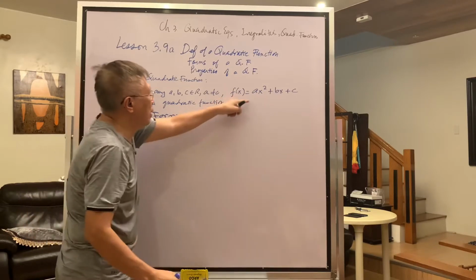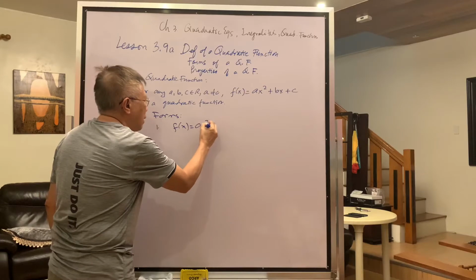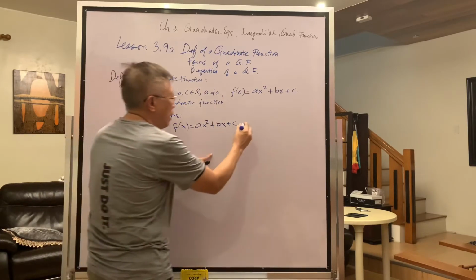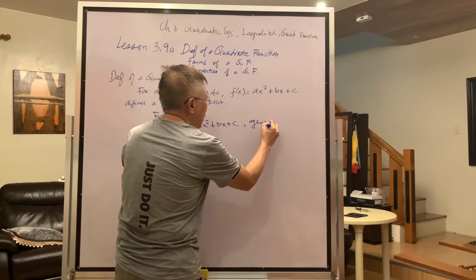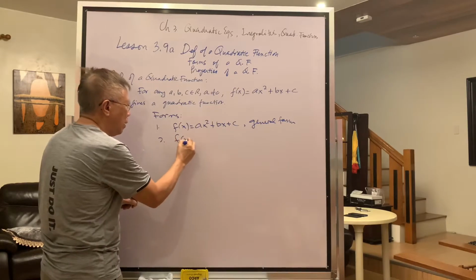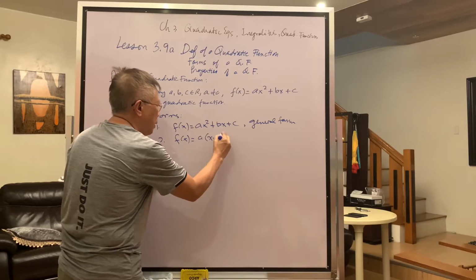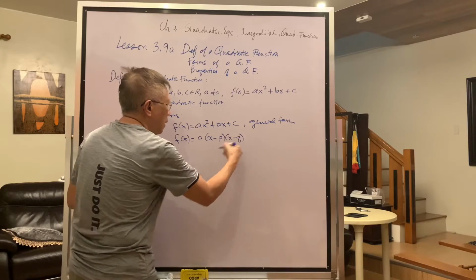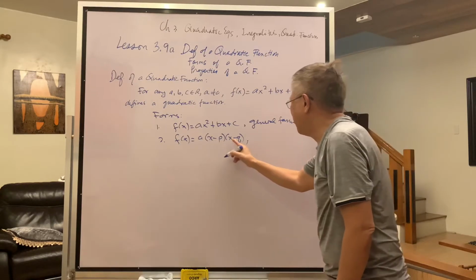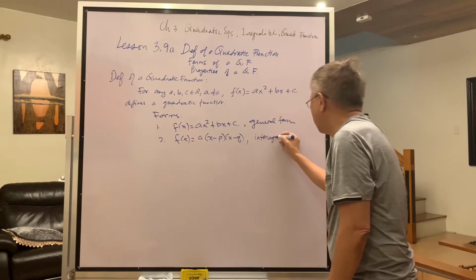The first form is this one here, f of x equals ax squared plus bx plus c. This is our general form. The next form here is, let's say, a times x minus p times x minus q. Here we're given x equals p and x equals q, the intercept form.